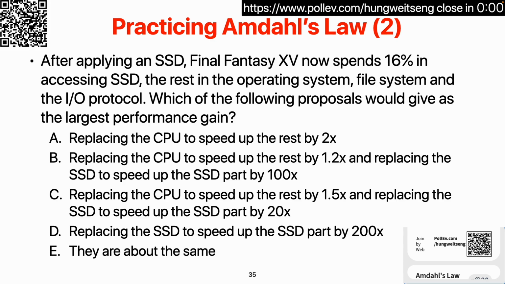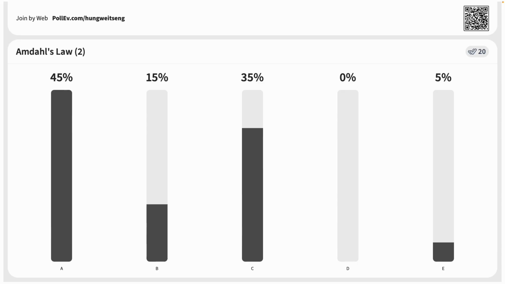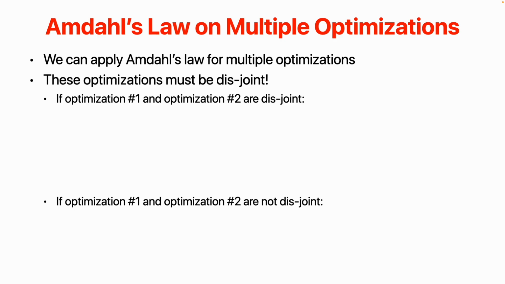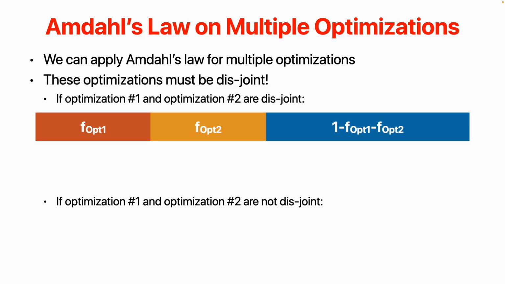All right, so let's see. Why don't I just show you some of the basic concepts. No worries if you can have multiple parts that you can optimize. The most important thing, remember, is the rescaling of the original execution time into several different parts.